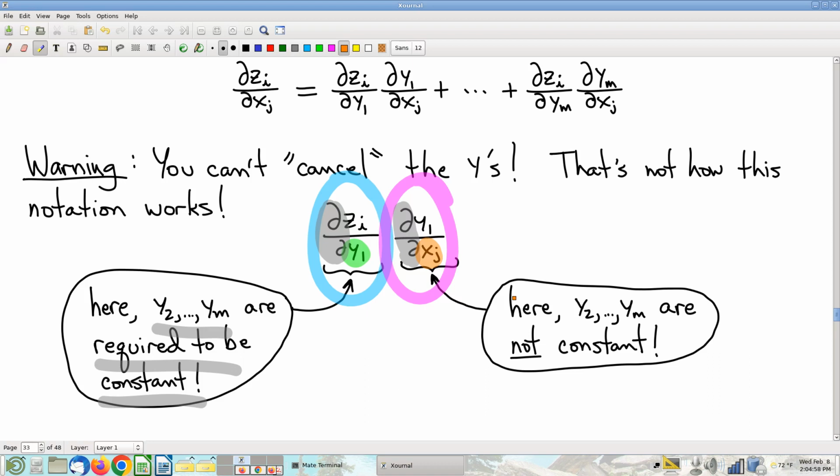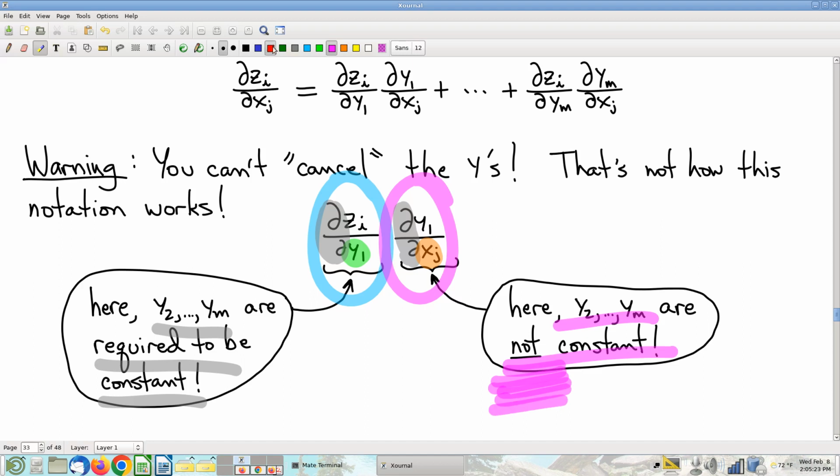And if all those other x variables are held constant, but if xj is changing, then all the y variables are going to be changing. The y variables depend on xj. You change xj, you're going to change all of the y variables. And so in this setting, in this scenario, the y variables are not constant.